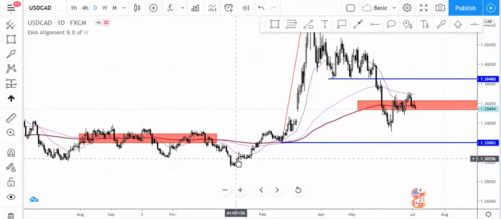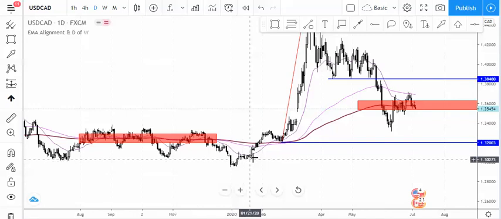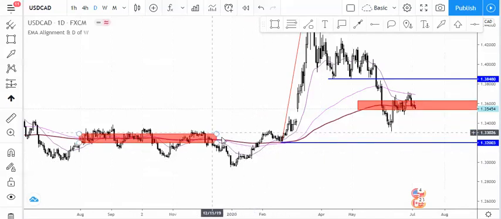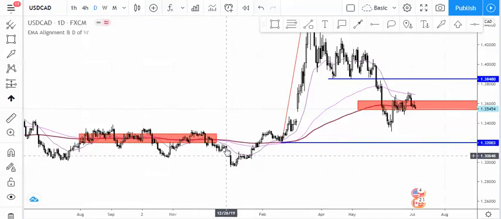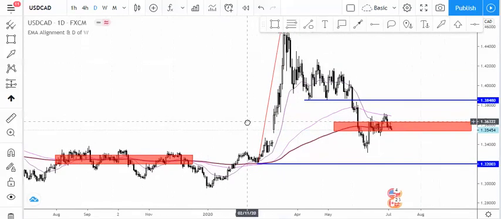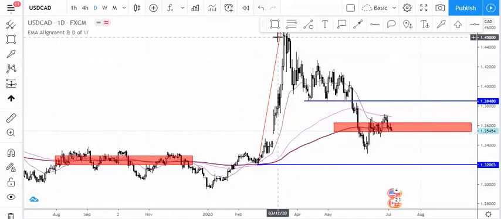But then when you don't see that one time framing happening, you don't see that strong continuous movement, I got to start being worried that no, this is not going to move down. Instead, it was a fake out, or it was still consolidating. Buyers were still accumulating. They weren't ready to move the market up. And then eventually they took it above here, accumulated a bit more, and took it up.